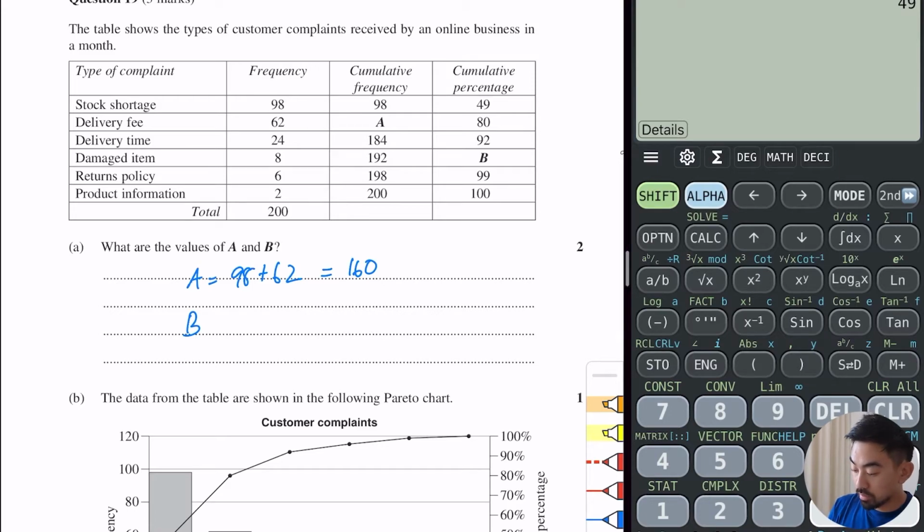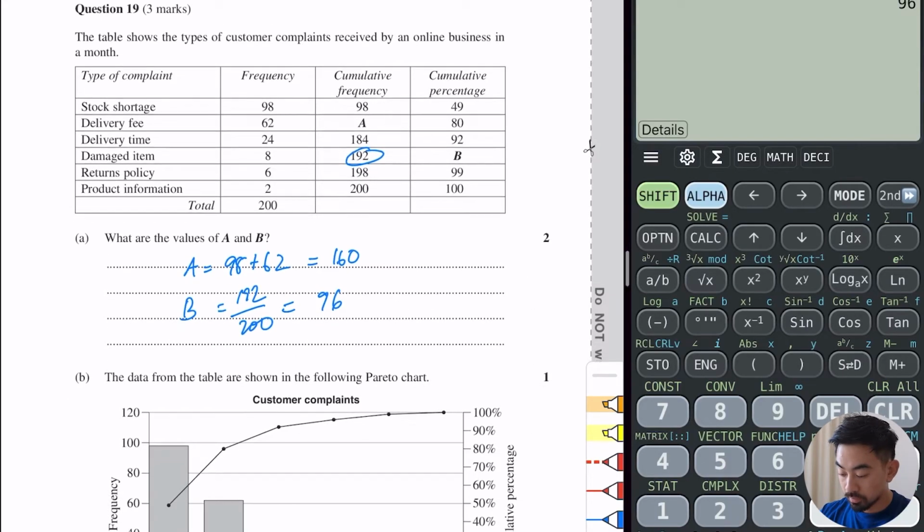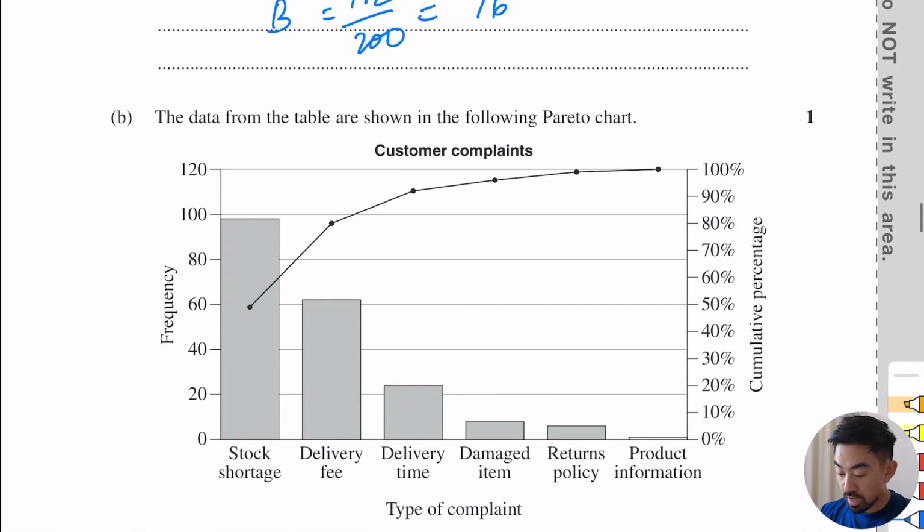So to get B, it's going to be 192 divided by 200 times 100, so that's 96%, or just 96 in this case.